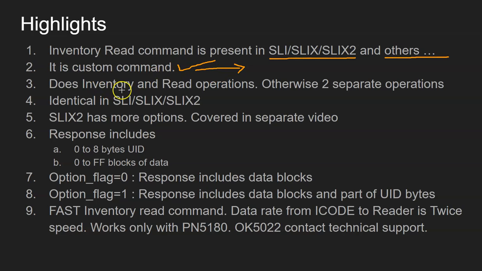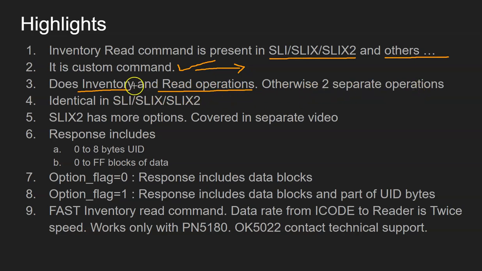So this command does two operations. It does the inventory operation, which is basically to get the UID of the tag, and it also does the read operation. It's very obvious that having an inventory read command is better than sending two commands separately.